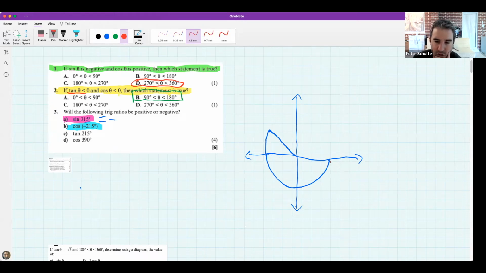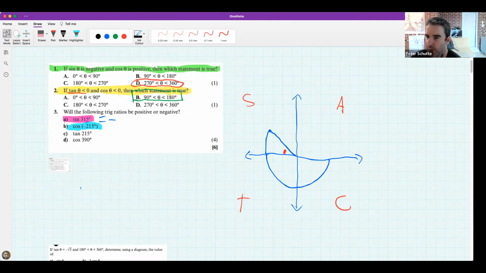It feels to me minus 215 should be this angle. So I'm particularly interested in this angle over here.